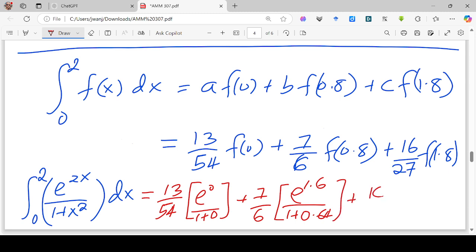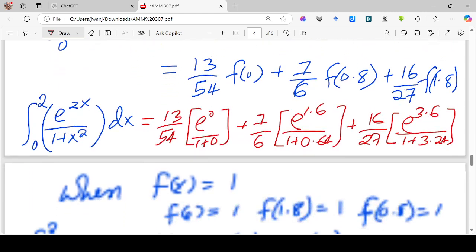Then plus 16 over 27. f of 1.8 will be e raised to power 1.8 times 2, which is 3.6, divided by 1 plus 1.8 squared, which is 3.24. And this is all we need to work out.